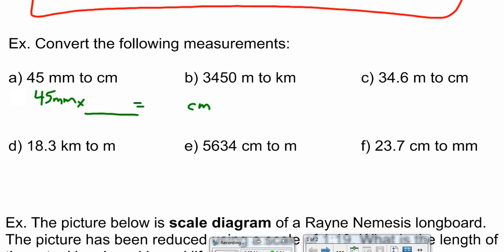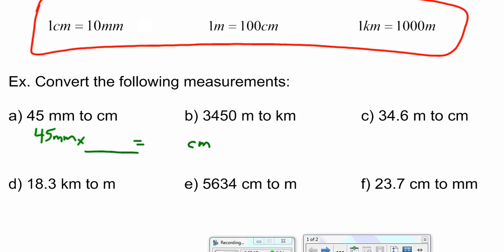So if you look back at the top of your page, it says 1 centimeter is the same as 10 millimeters. Okay, so when we do this, the millimeters will cancel out and we'll get left with centimeters on top, and that's the unit that we want. So now we go 45 times 1 divided by 10, and we get 4.5 centimeters.